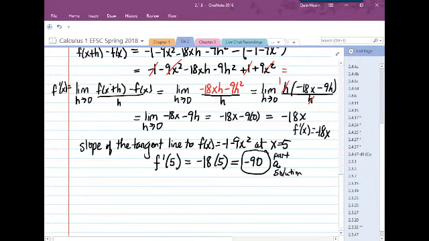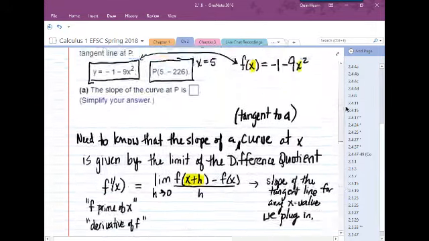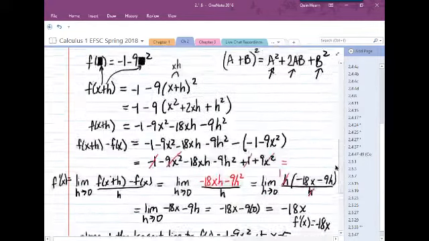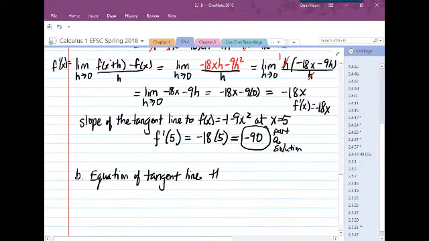Okay, now part B, we want to find the equation of the tangent line. And that is at 5, negative 226.